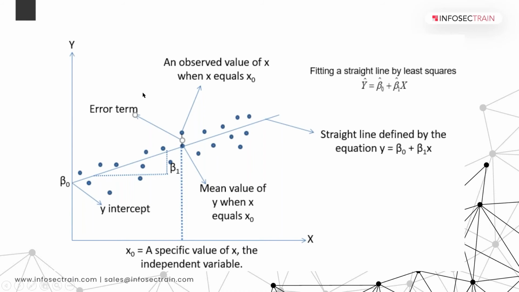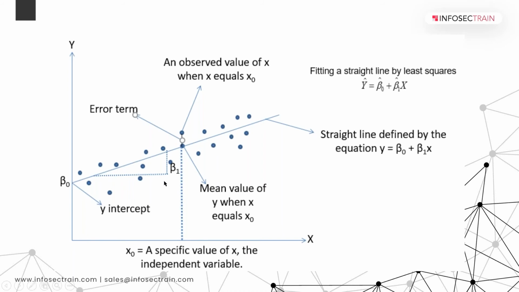If x equal to 0, then y equal to beta naught. So this is nothing but the intercept, the point at which your regression line intersects the y-axis. You can say that this is the initial value of y.